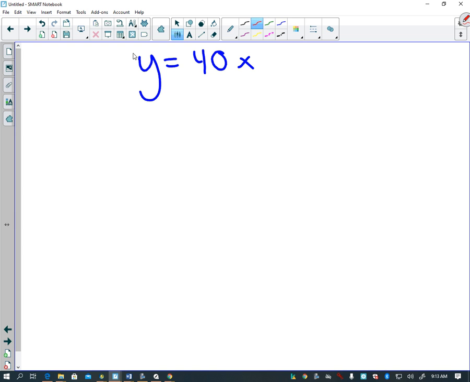What do these variables mean? What is y? Miles. It is our dependent variable. And x is hours. So the number of hours determines how many miles I have. If I want to find miles, what am I solving for? x or y? y.